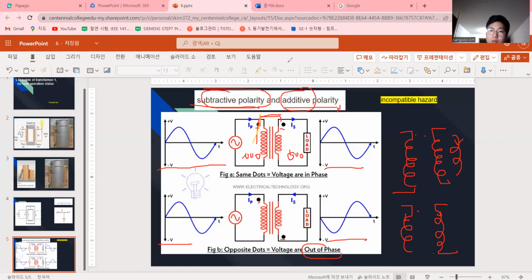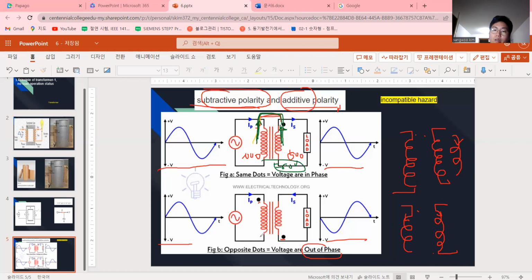The voltage goes from here to here, and it is reduced, which means 500 volts left.